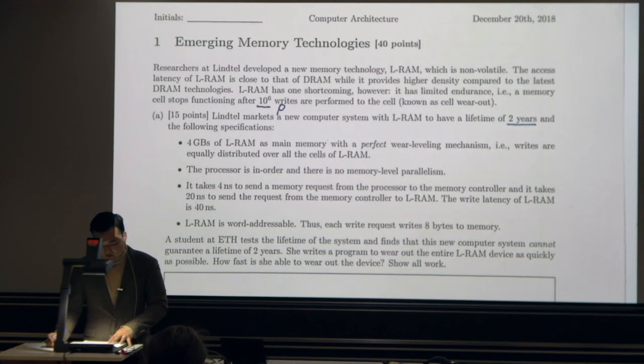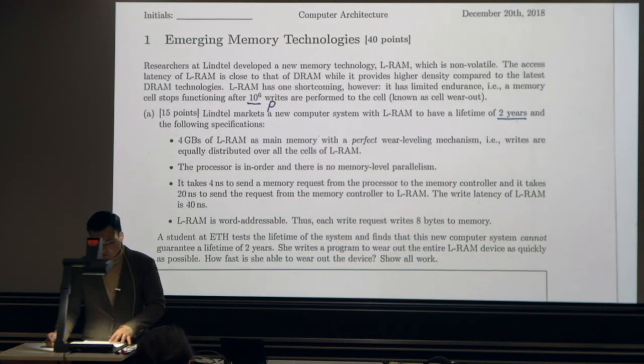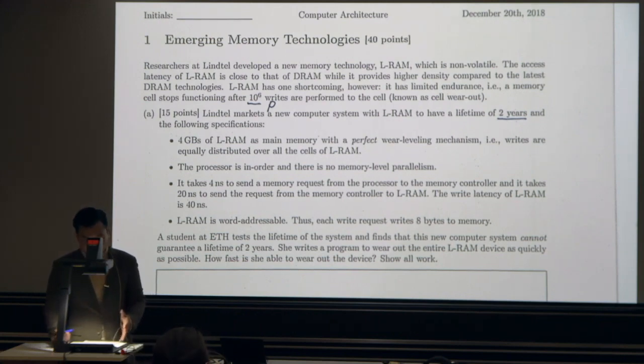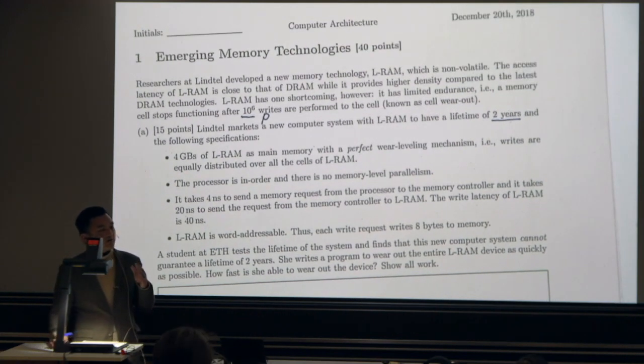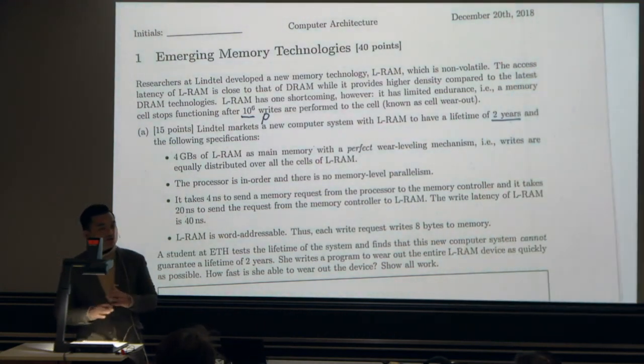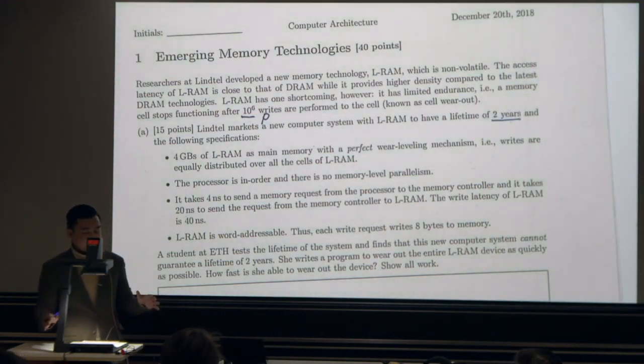4 gigabytes of LM as main memory with a perfect reliable mechanism. Somehow they can provide perfect reliability. It means that even if we try to write data on a very specific location, the memory device somehow evenly distributes the requests to the underlying cells.